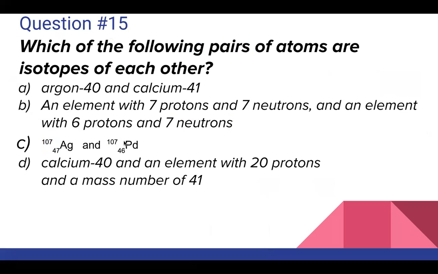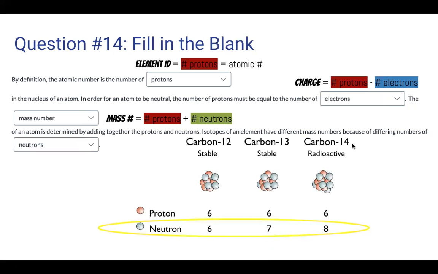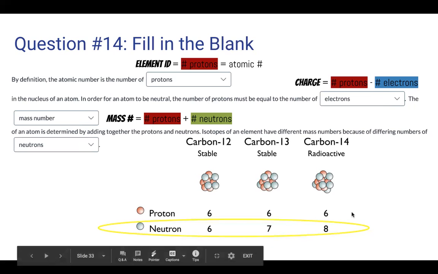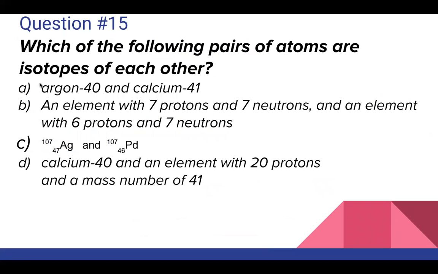And last question, which of the following pairs of atoms are isotopes of each other? So we just said that isotopes of each other should have the same number of protons. The only thing that's different is the number of neutrons. But they're all going to have the same number of protons, meaning they should be the same element. So argon and calcium are not the same elements.